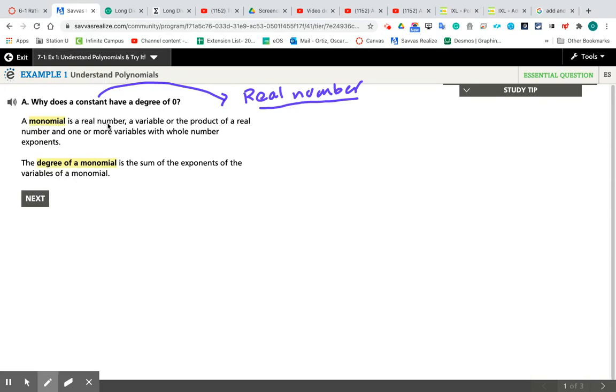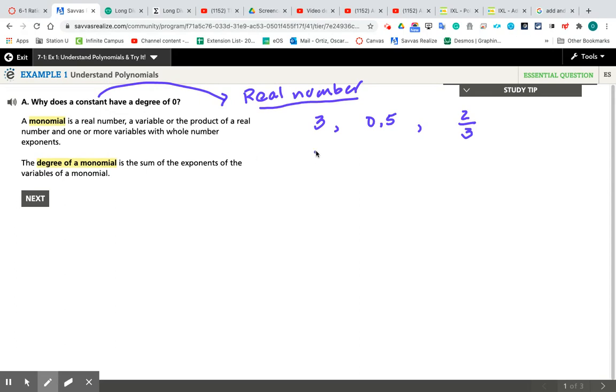So a monomial is a real number. So basically a constant could be like 3, could be a decimal, 0.5. It could be a fraction. So these are examples of monomials, but it could also be a variable.